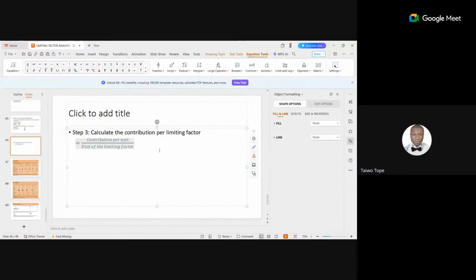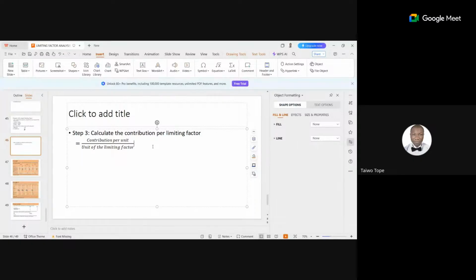So when you determine your contribution per limiting factor, maybe for product A, B, C, D, and E, the next step is for you to rank which of the products is giving you the highest contribution.